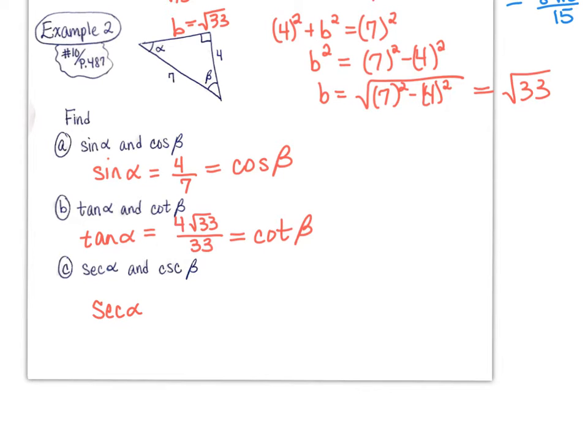So you would have 7 over root 33, or what? 7 root 33 over 33. Good. And what can you say about that in relation to cosecant of beta? They're equal to each other. Good. So that's the same thing as cosecant of beta. Excellent. What questions do you have?